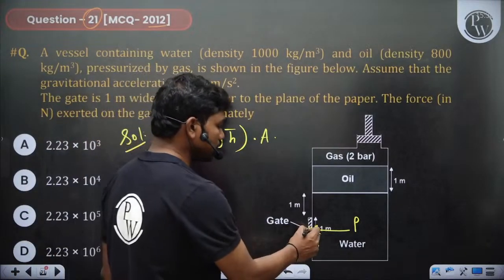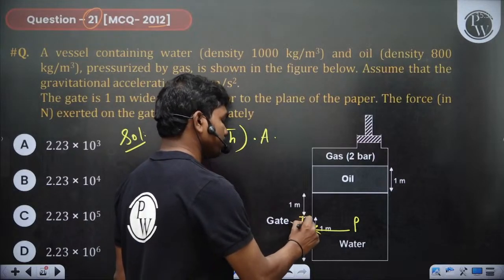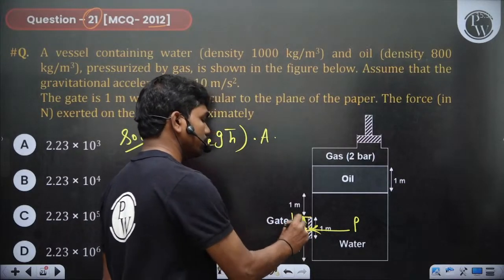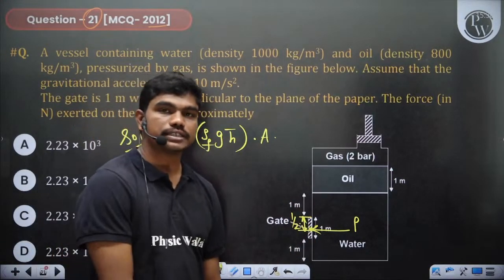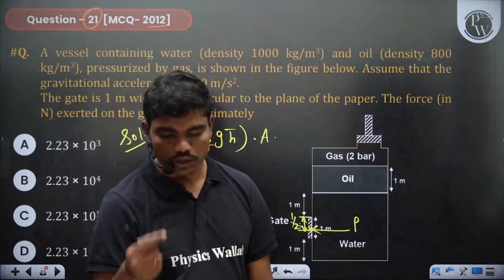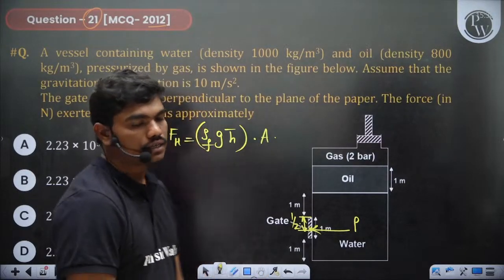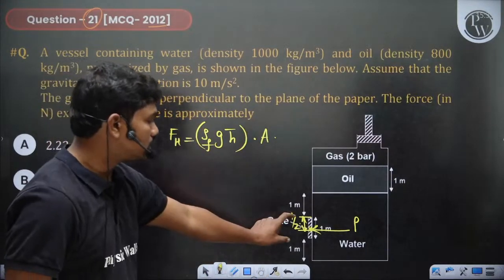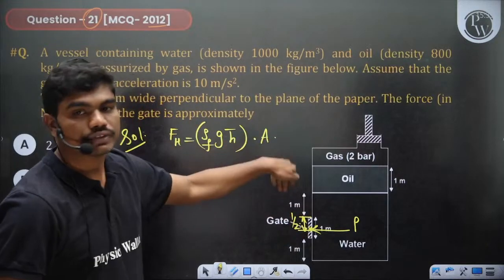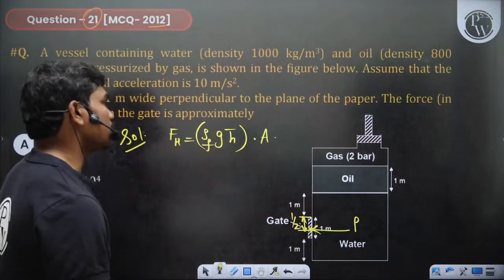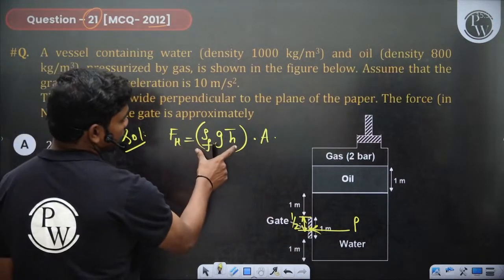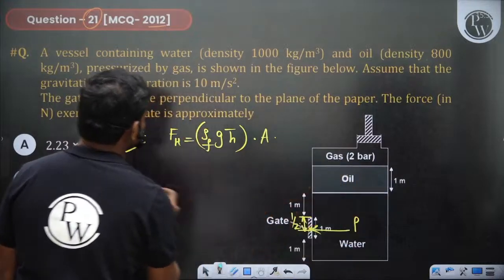So you should look at the pressure acting at the centroidal depth multiplied with the area. This area is 1 unit because the height of the gate is 1, and the width into the plane of the paper is also 1. So basically you have to calculate the pressure at this point. See how you can do this?